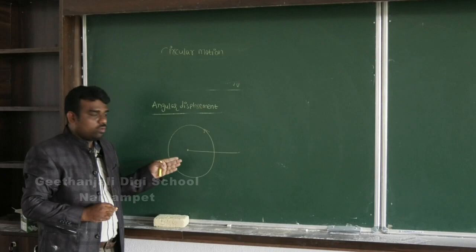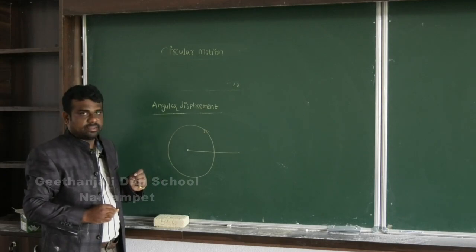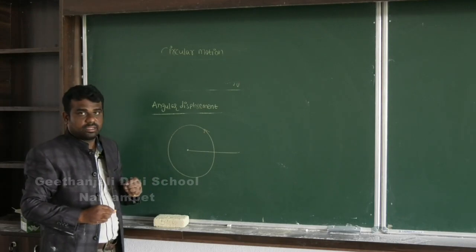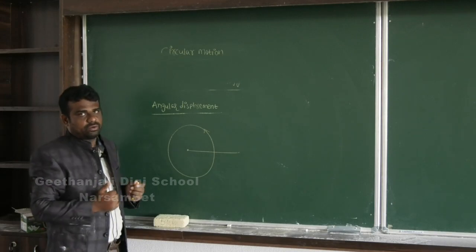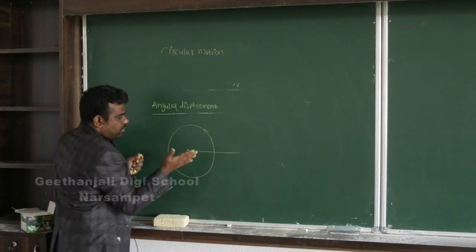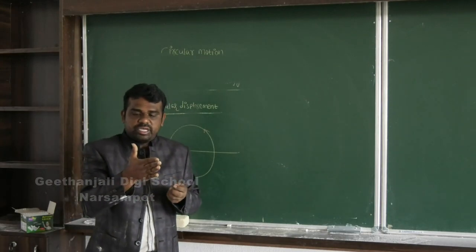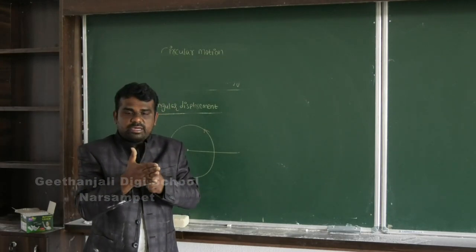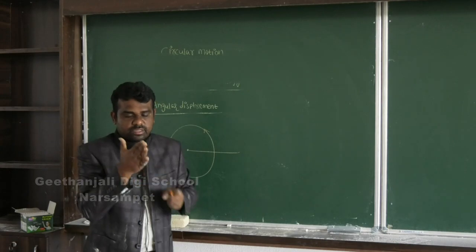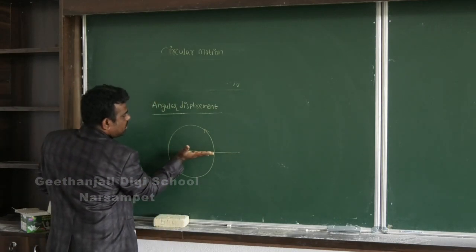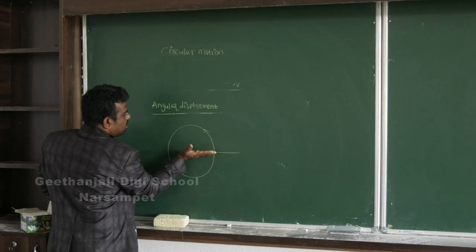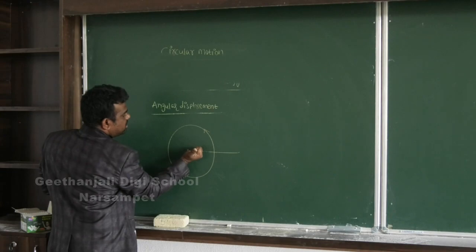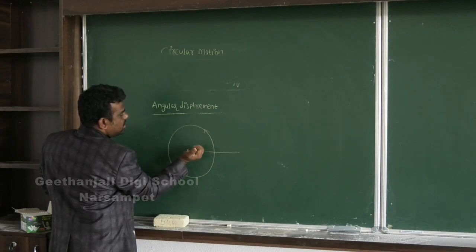I want to know the direction of the elementary angular displacement. We have to use the right hand rule. First we stretch our right hand in such a way that the thumb and remaining fingers are perpendicular to each other. Now if we curl the right hand fingers in the direction of the motion of the particle, the stretched thumb indicates the direction of the angular displacement.